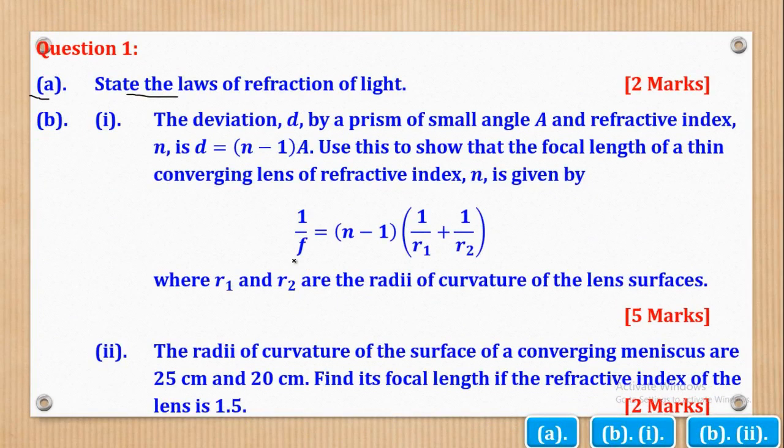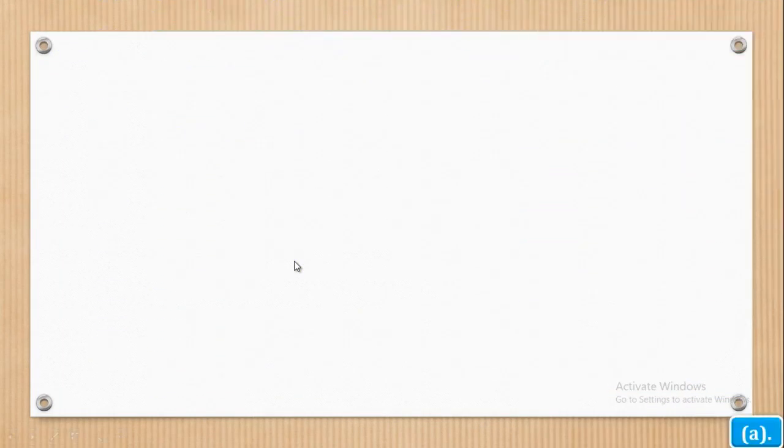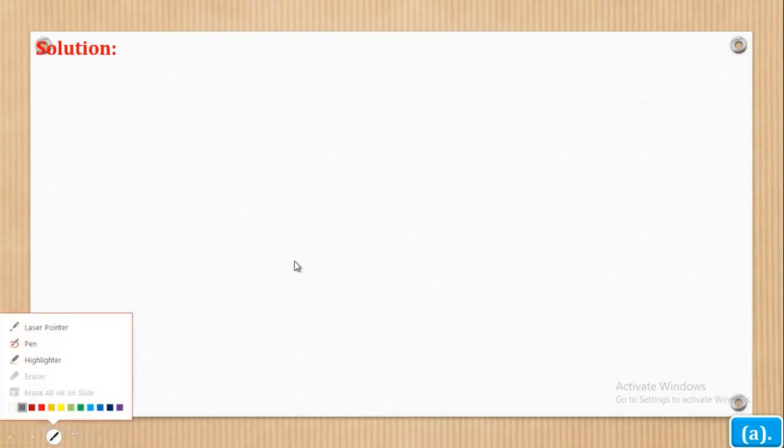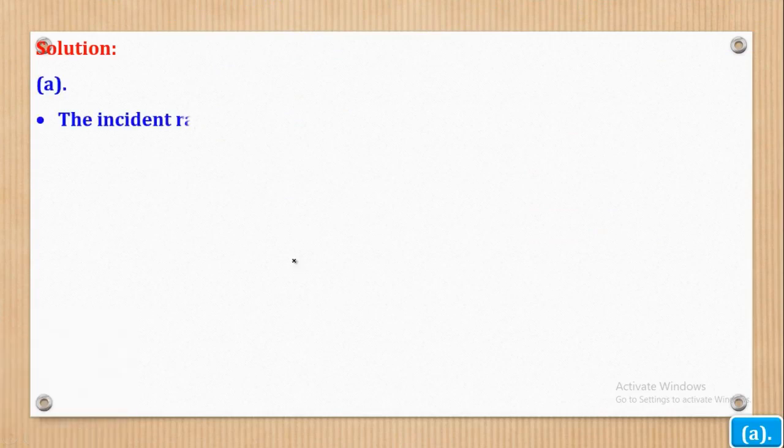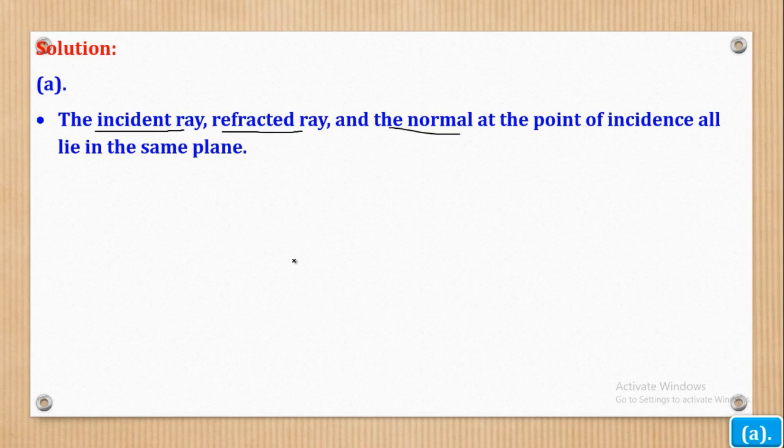Part A says, state the laws of refraction of light. One, we shall say that the incident ray, refracted ray, and the normal at the point of incidence all lie in the same plane.